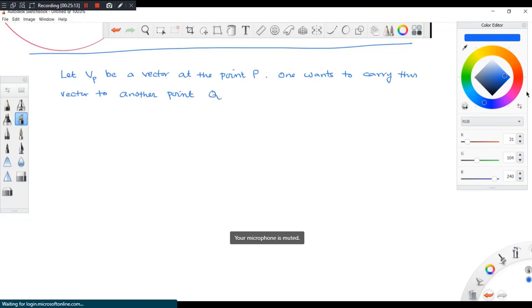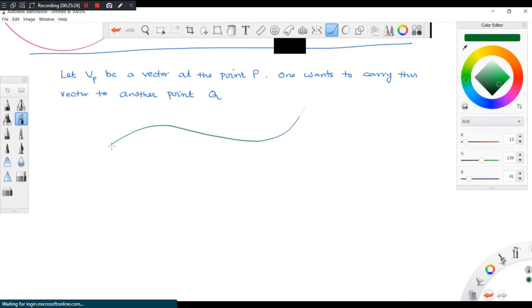I have some point P, and I want to take this vector which is at P. So this is the point P, and this is the point Q. Here I'm taking this vector perpendicular, the parallel concept, for convenience.